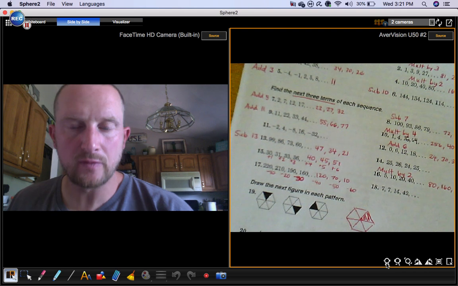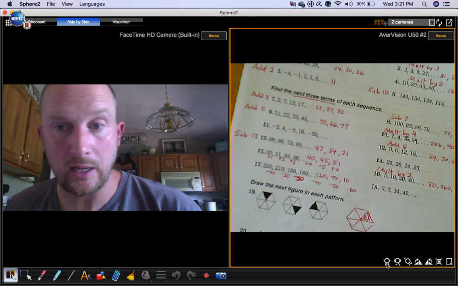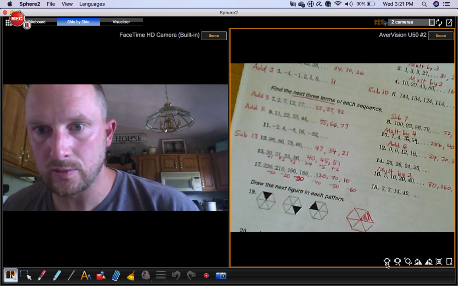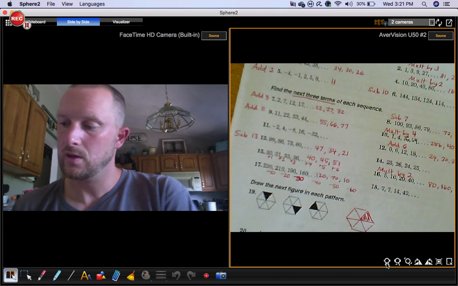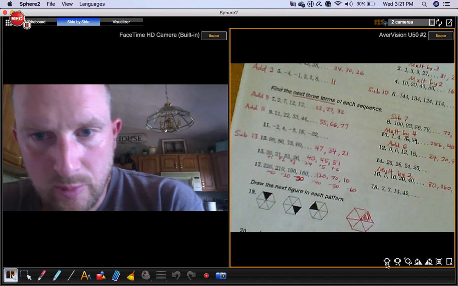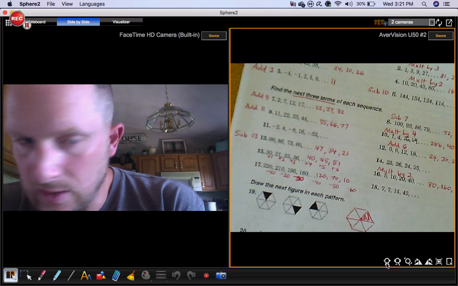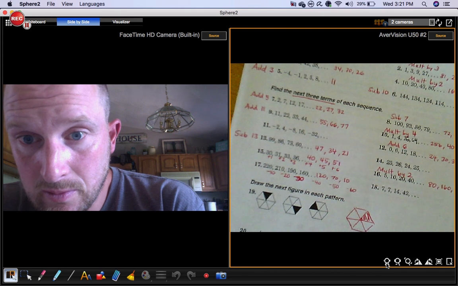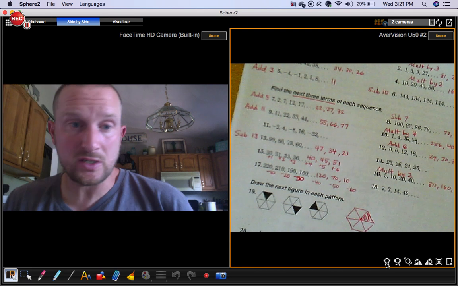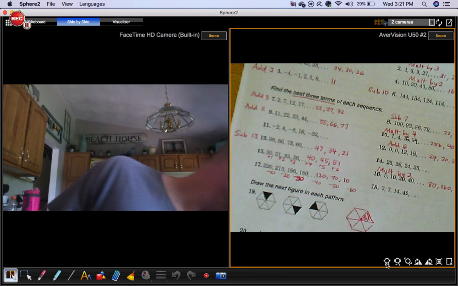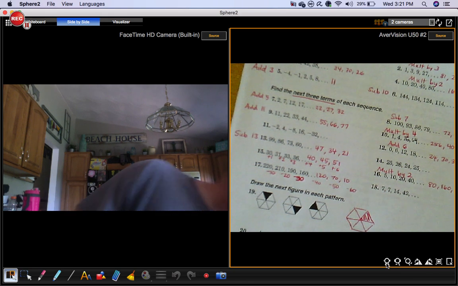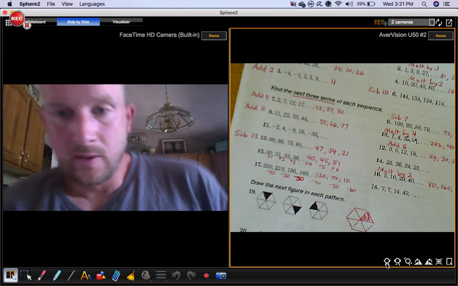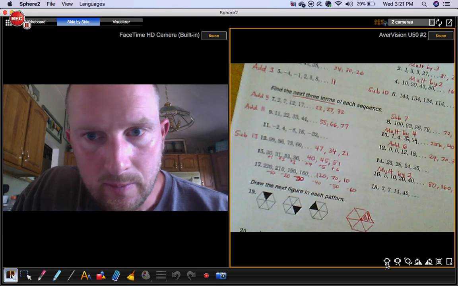We go -2, +4, -8, +16, -32. What comes next? Well, you should notice a couple things here. You should notice that the numbers are alternating from negative to positive. You should also notice that if we took the signs off, the numbers look like they're doubling.